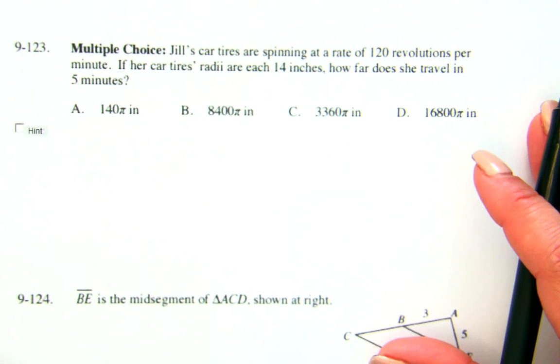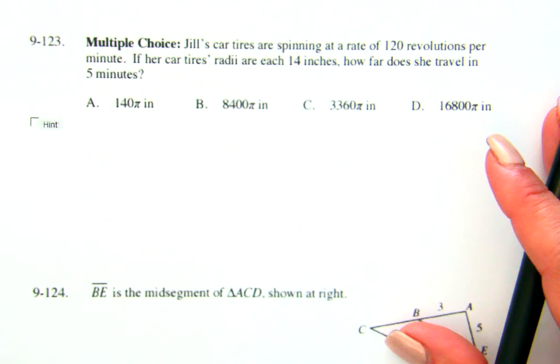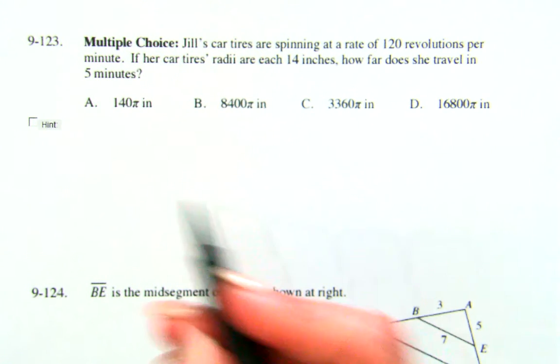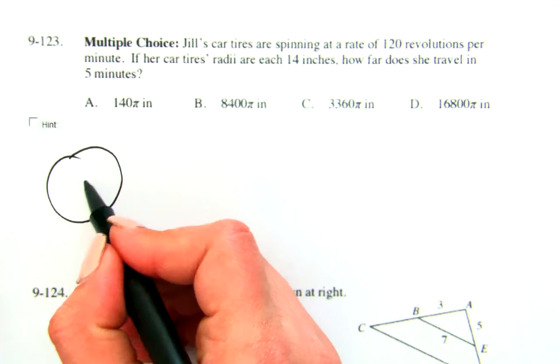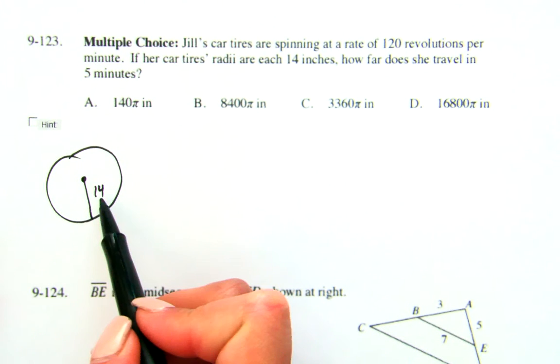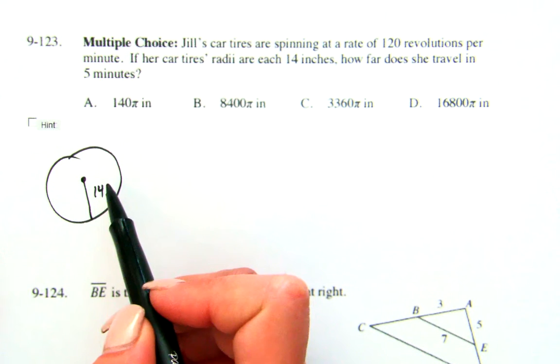Jill's tires are spinning at a rate of 120 revolutions per minute. Okay, so if her car's tires' radii, okay, so we do a circle and the radius is 14 inches, how far does she travel in 5 minutes? Okay, well, 1 revolution should be the entire circumference of the circle.